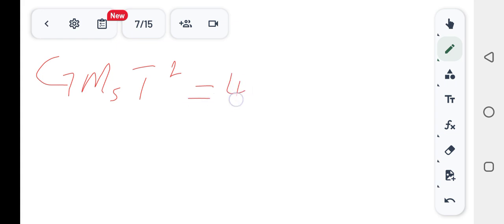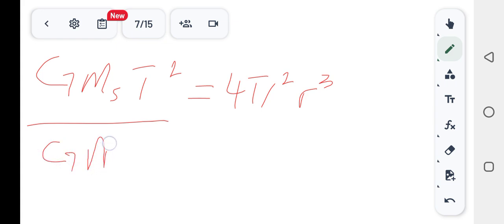equals 4 pi squared r cubed. Now, we want to make t squared the subject of the formula, so we divide both sides by the coefficient of t squared.